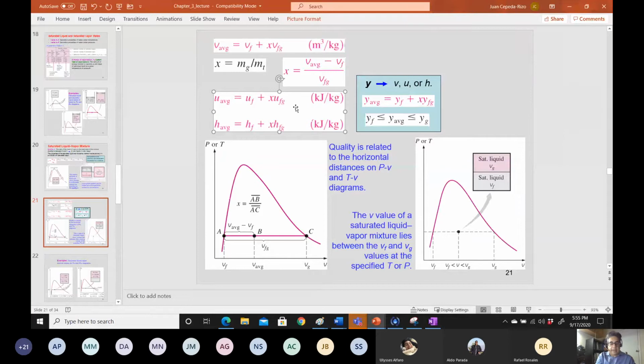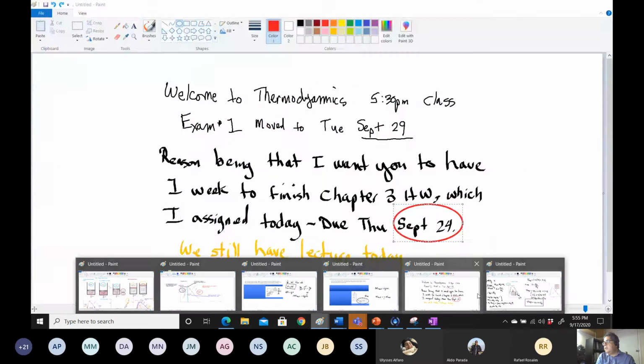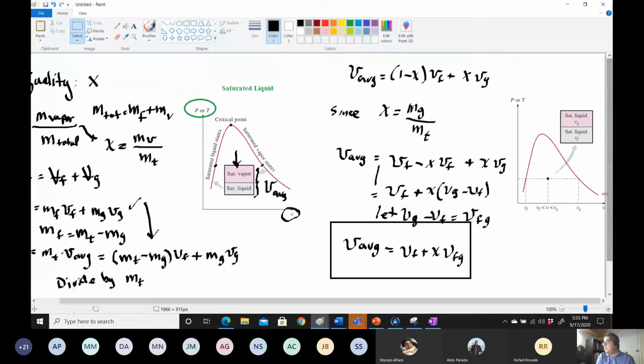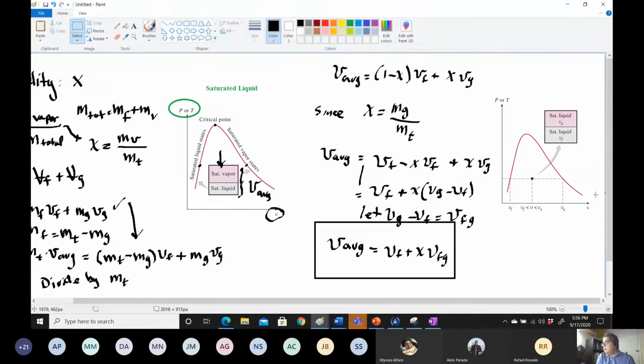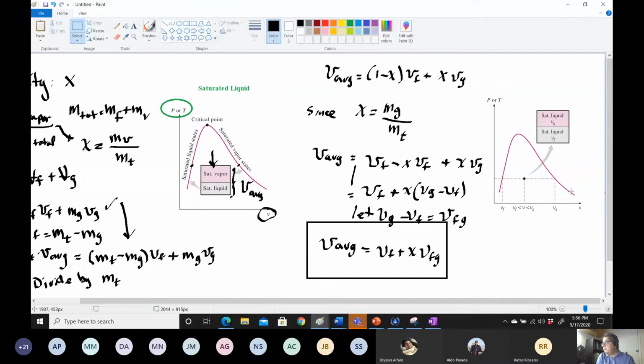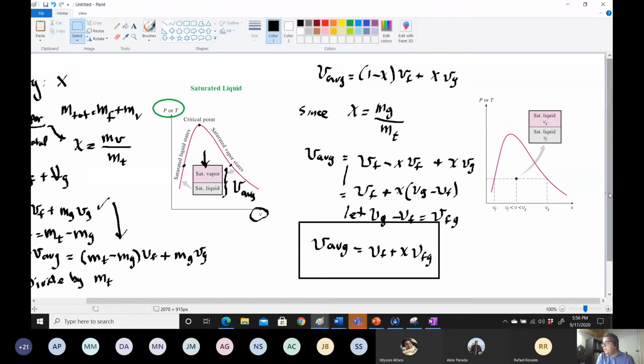It turns out that everything now in the appendix can be calculated the same way, right? So using quality. This is just specific volume, but really the back of the book tables, we use them to solve energy problems.